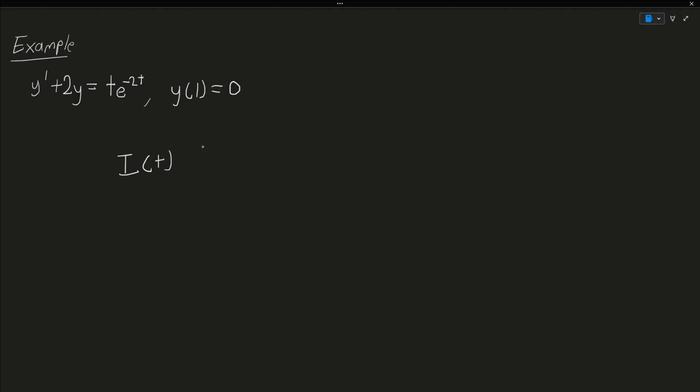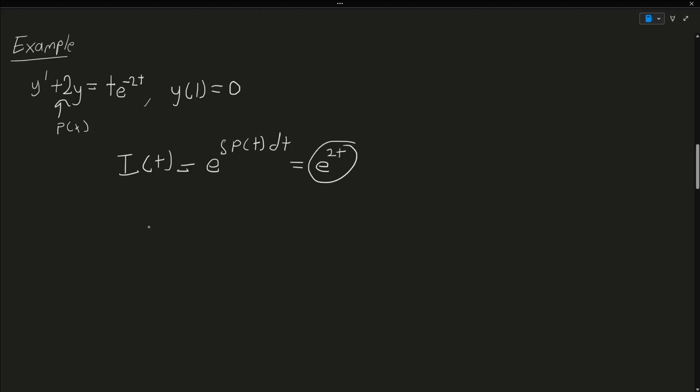Our integrating factor I of t is going to be e to the integral of p of t dt, my bad. Well, p of t is going to be 2 because y is being multiplied by 2. So our integrating factor will be e to the 2t.